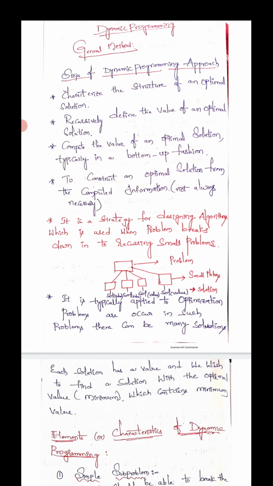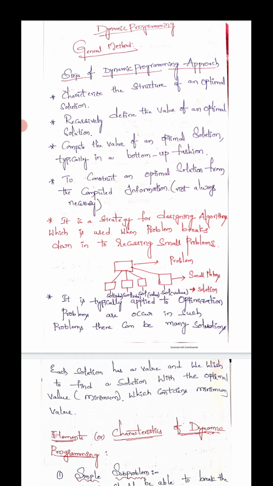Recursively means repetitively. What is an optimal solution? It is the best or most favorable solution for a given objective function that either maximizes or minimizes; that is said to be an optimal solution. It is nothing but the best solution.